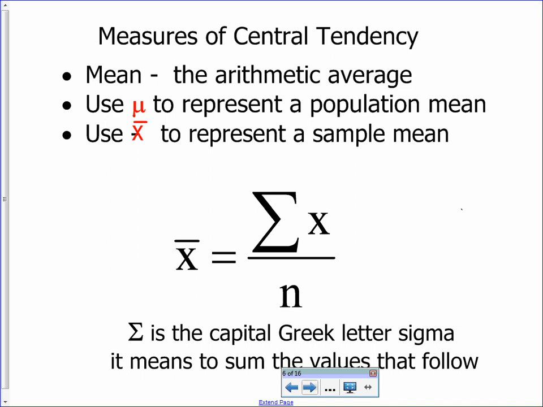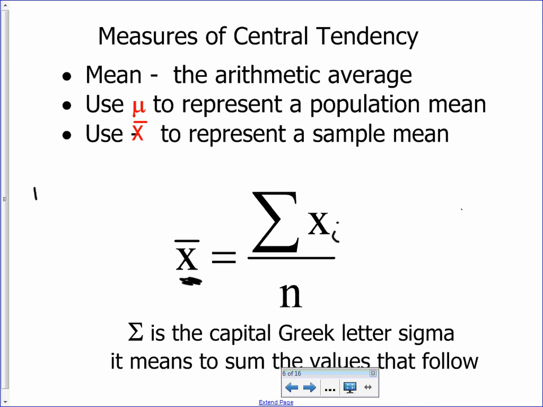So the mean is the arithmetic average. And so I'm going to give you a formula for mean, and it's going to freak you out. It's right here. So the mean is the sum of all the values, and there actually should be an i there, divided by the number in the set.